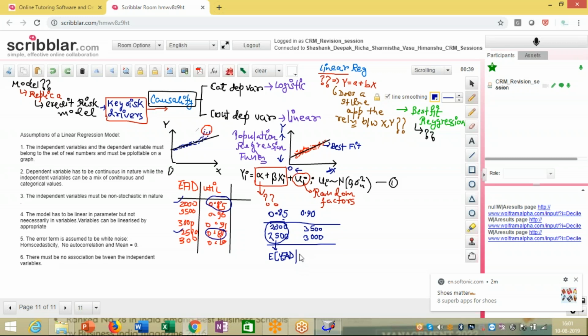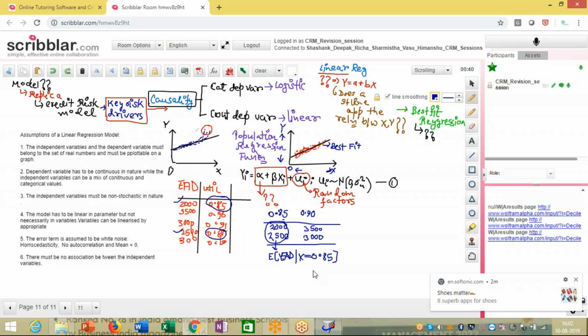given x is equal to 0.85. So this becomes the expected value of EAD given x equals 0.85. Now here I assume that the relationship between EAD and utilization is proportional.